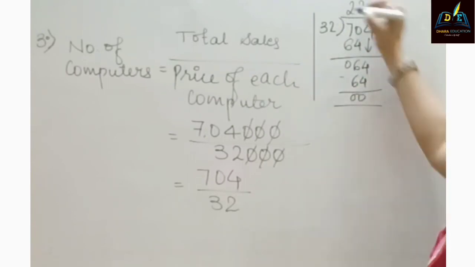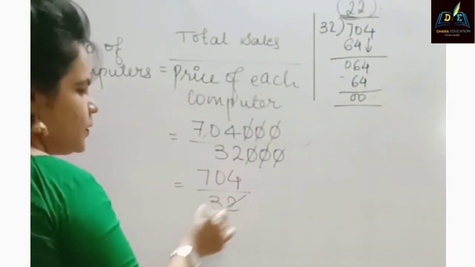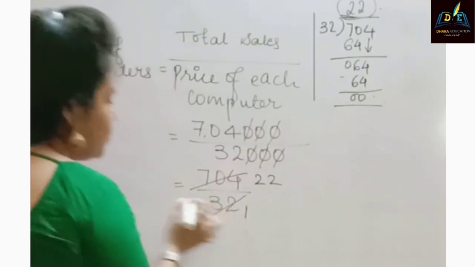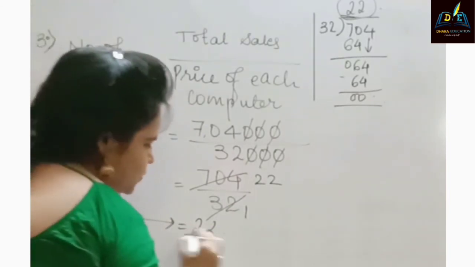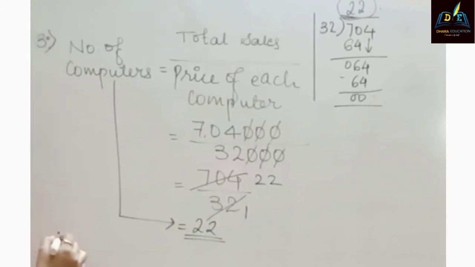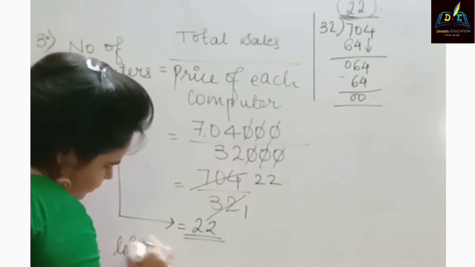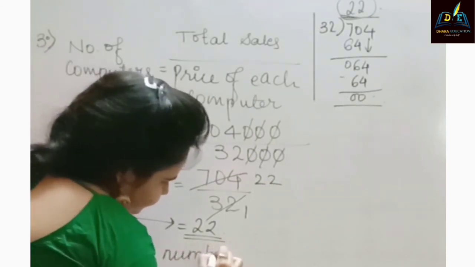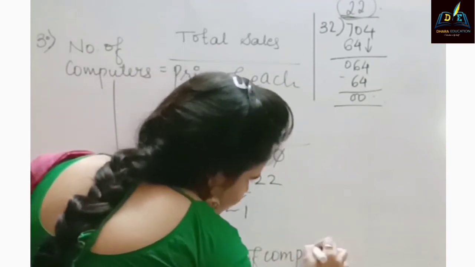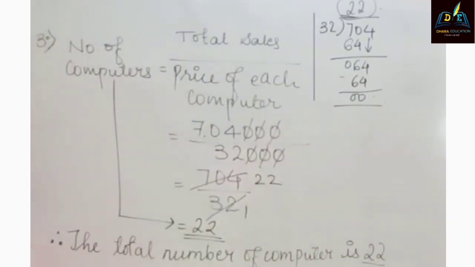So we are getting the number 22. The total number of computers is 22. This is your answer. That's it.